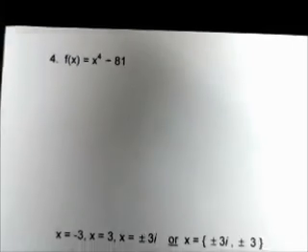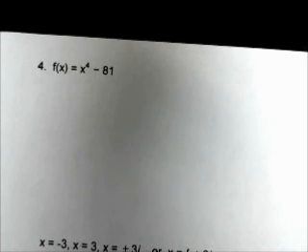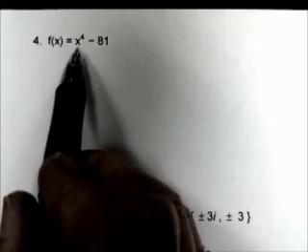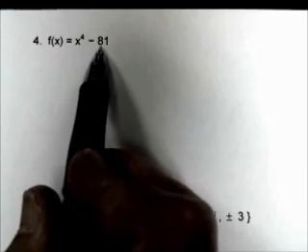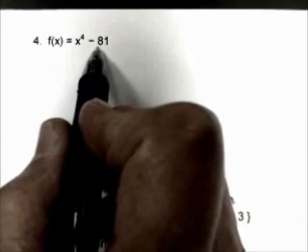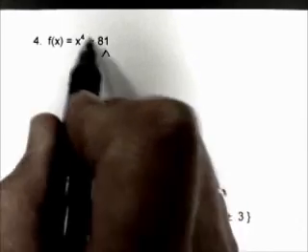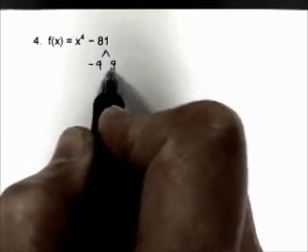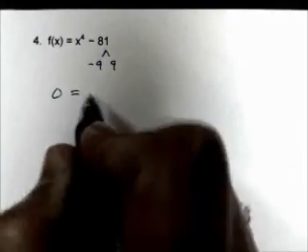And on page 5, the top of page 5, I'm going to ask you if you would do, well, let's do number 4 together, and then we'll do number 5 together in class the next day. Okay, so x to the fourth minus 81. Factors of negative 81 that add to 0, right, are going to be negative 9 and positive 9, where, of course, you recognize that as a difference of perfect squares.